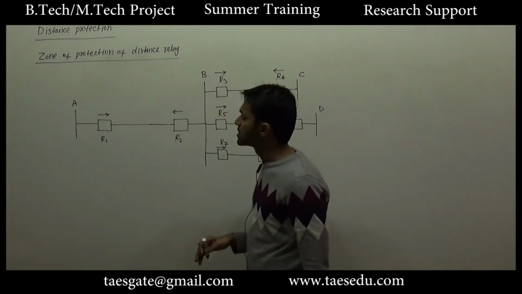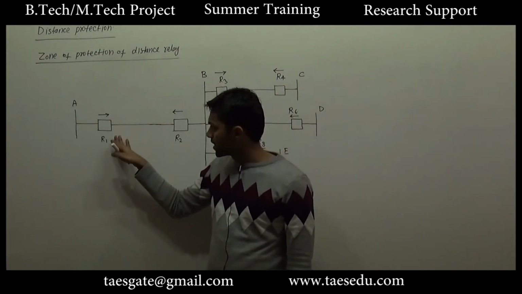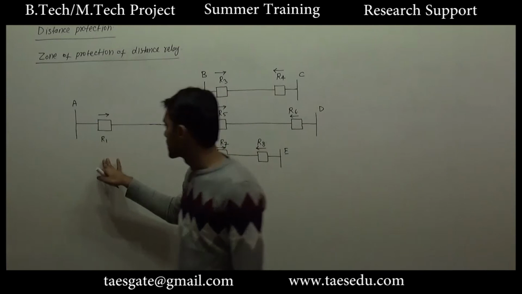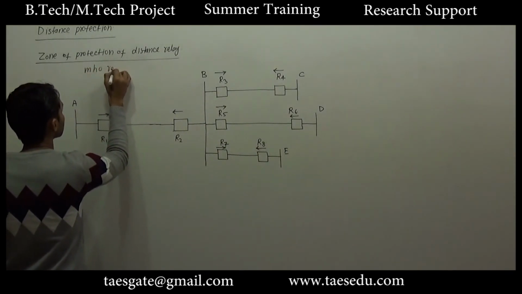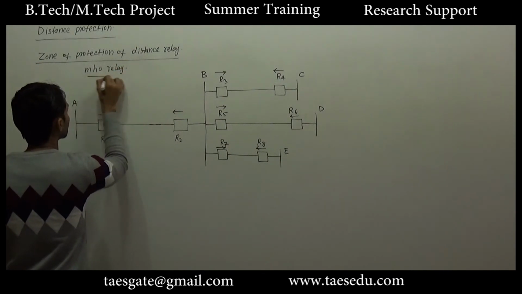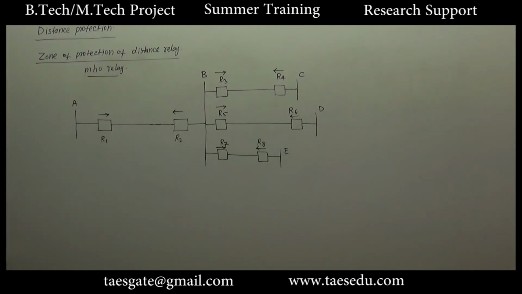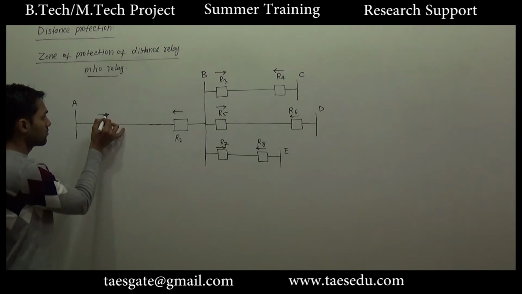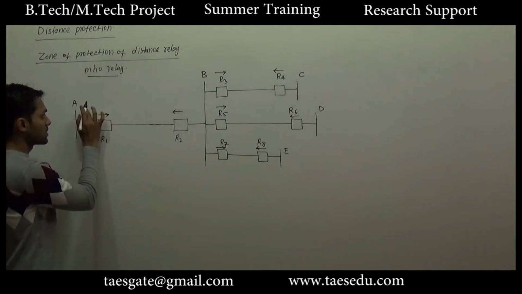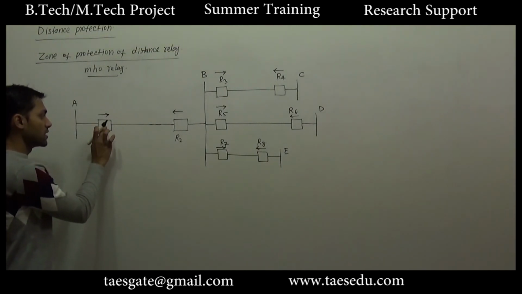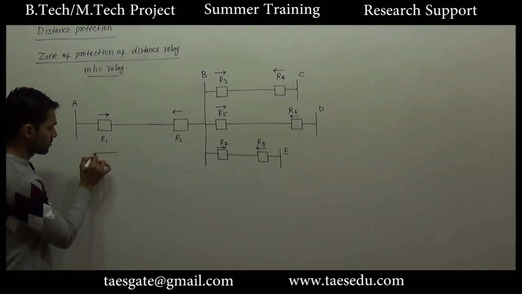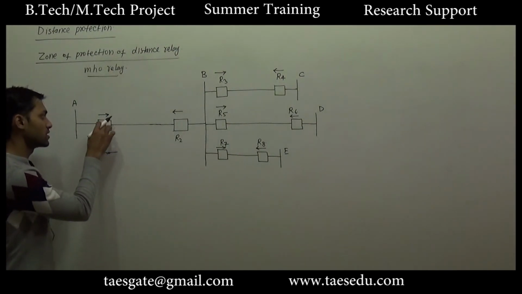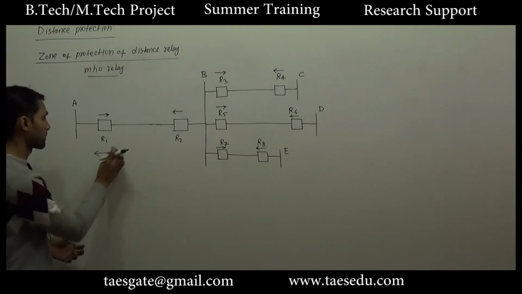And since we are studying distance protection, these are directional impedance relays, and a directional impedance relay is nothing but a mho relay. We have already discussed the meaning of this direction. It means for this direction of fault current, this relay will operate. For the opposite direction of fault current, although it is a fault current, this relay will not operate.